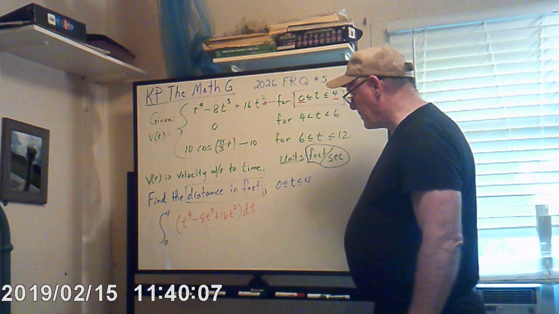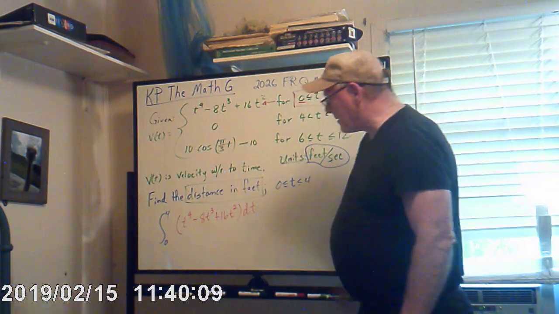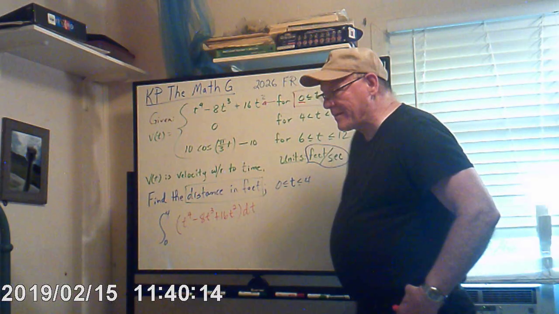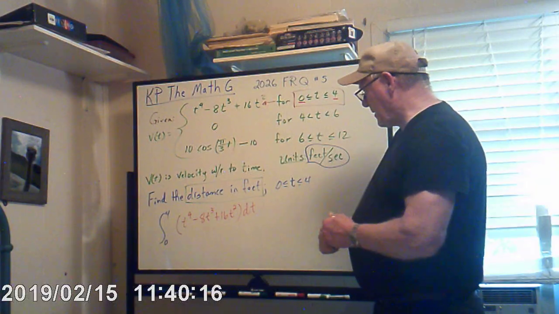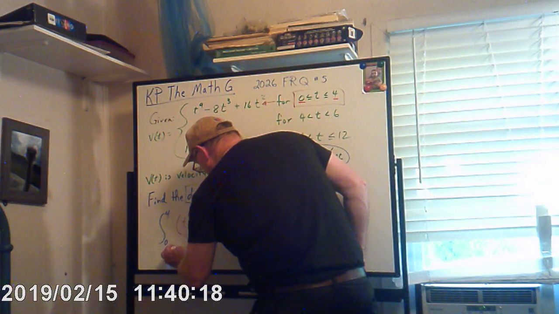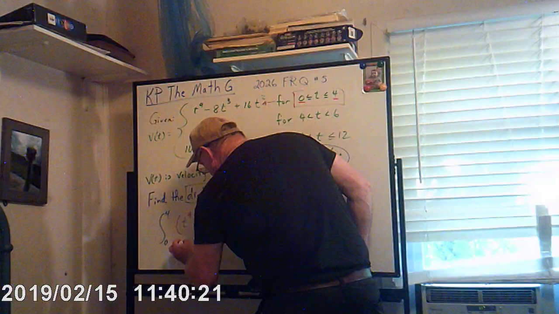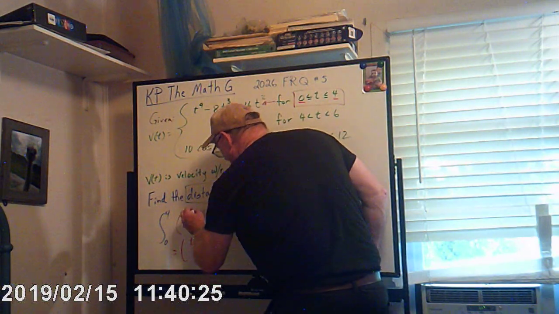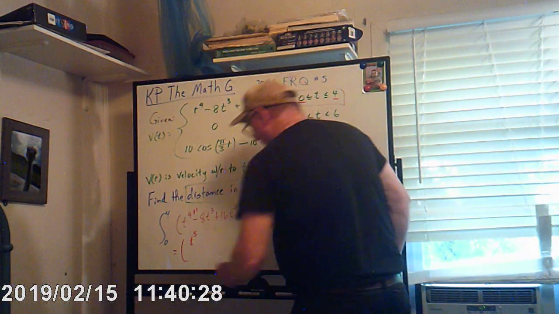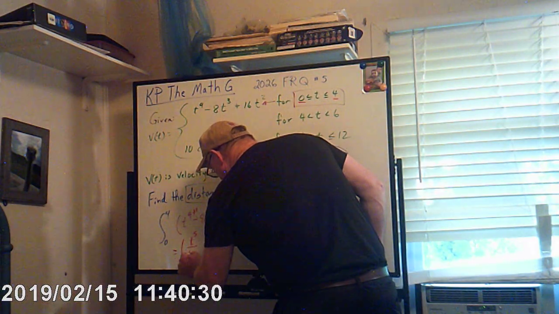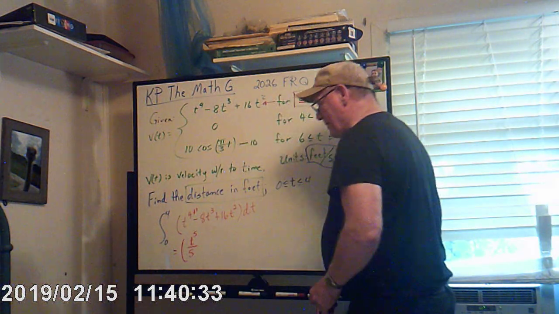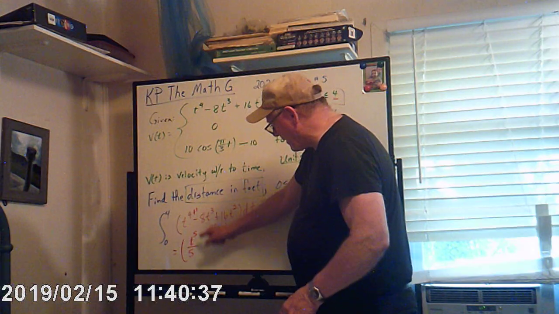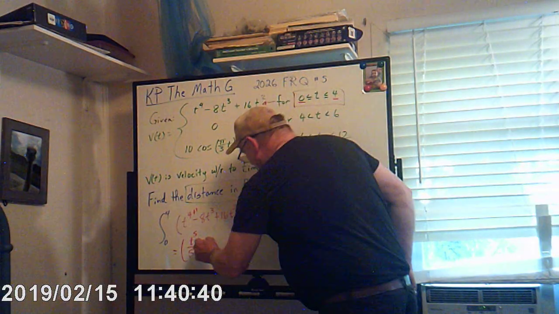Now, how do we take this antiderivative, or how do we evaluate the definite integral? Let's take a look. Remember, on a definite integral, you add 1 to the exponent and divide by that same number. You don't divide by 4, you divide by 5.